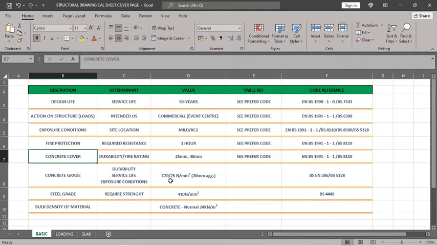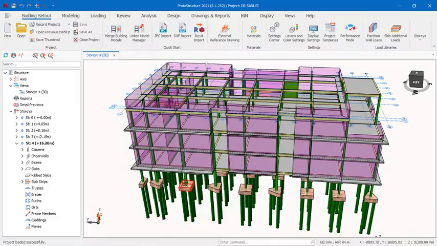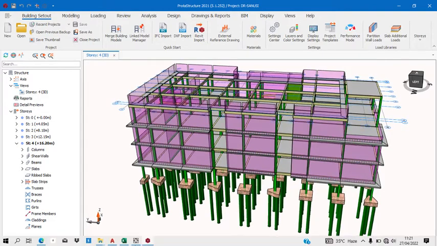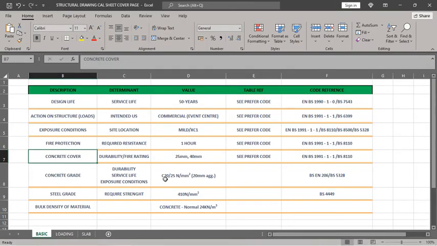Then I have my concrete grade. What determines my concrete grade as well? Now in our construction, you just get into the software and you start modeling. But there are a lot of factors that can determine your concrete grade. You have to look at the funding from your client, then also the durability expectancy of the structure, the service life, and the exposure condition.